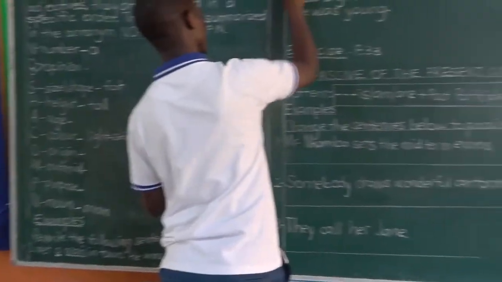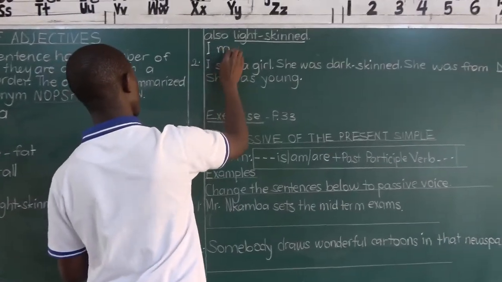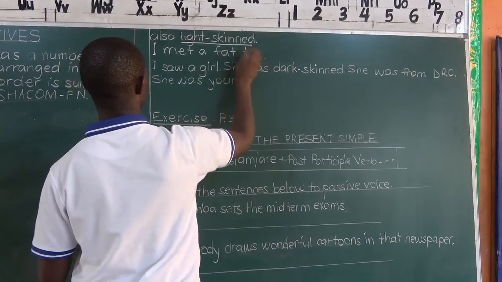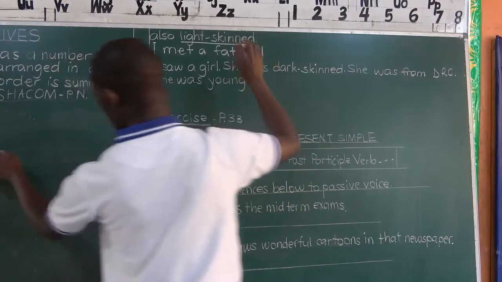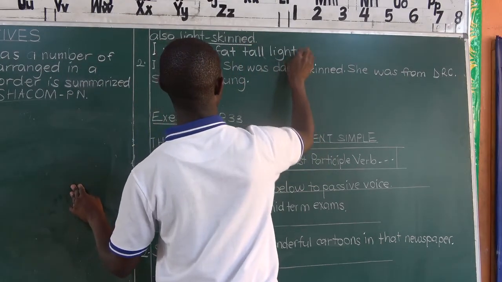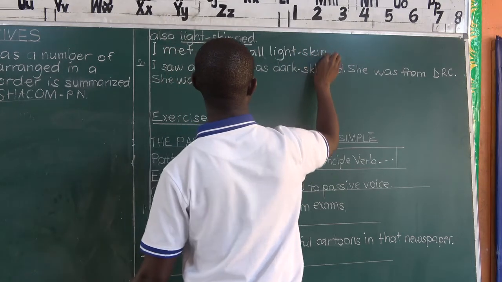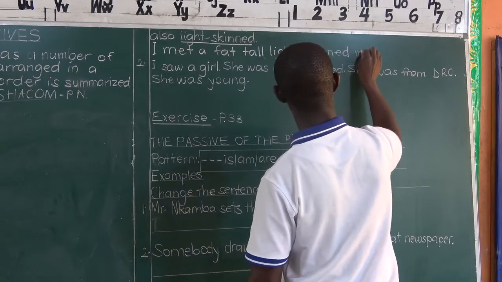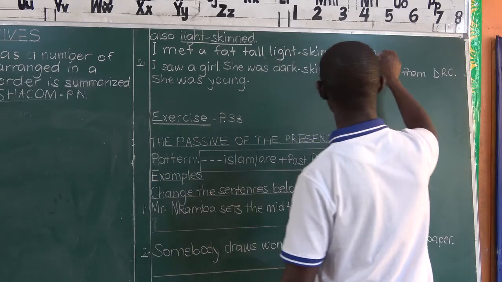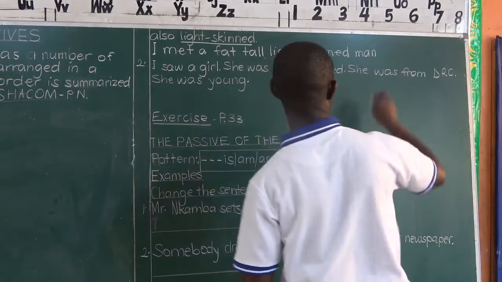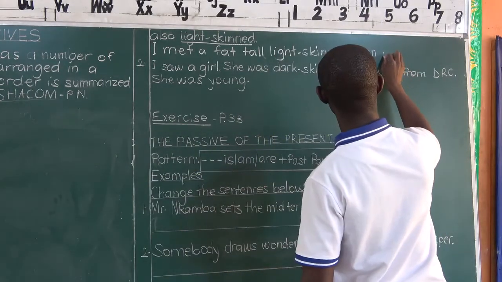Our answer is here. I met a fat, tall, light-skinned man. If you are not careful, you can stop here. If you are careful, then you add these other words which make your sentence complete. In town.